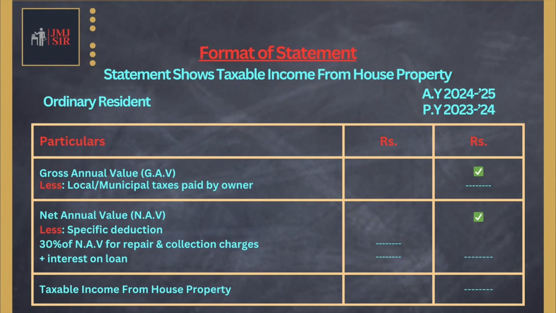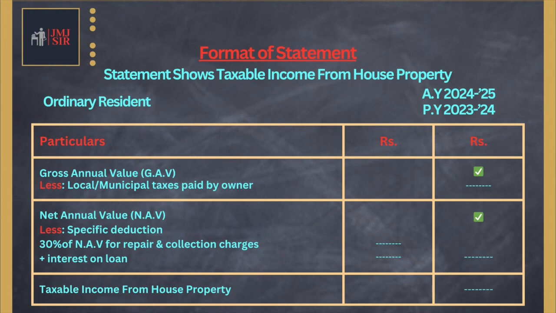Then we have a total of three columns, of which the first one is for particulars and the two columns are for the amount in rupees. We have to start the solution with the gross annual value, and the value is to be recorded in the outer, like second column. And from the gross annual value, we have to deduct local or municipal taxes paid by the owner. The resultant figure so arrived is to be considered as the net annual value of the house property.